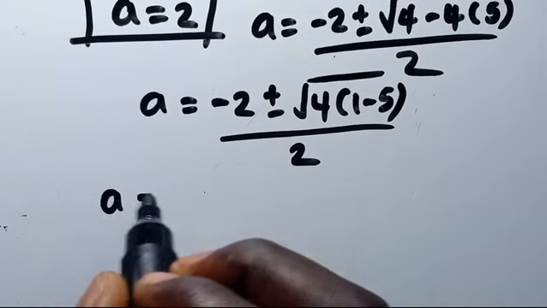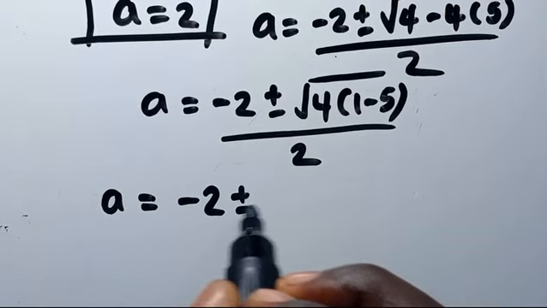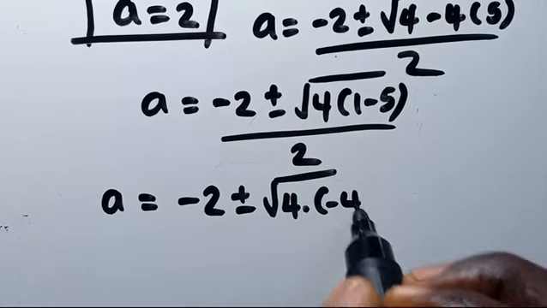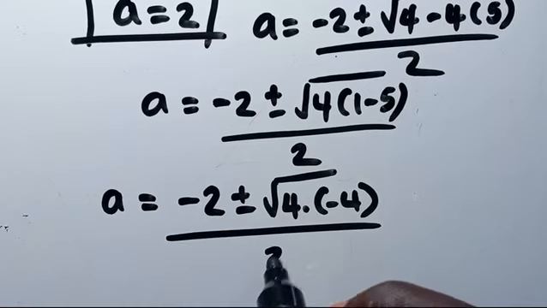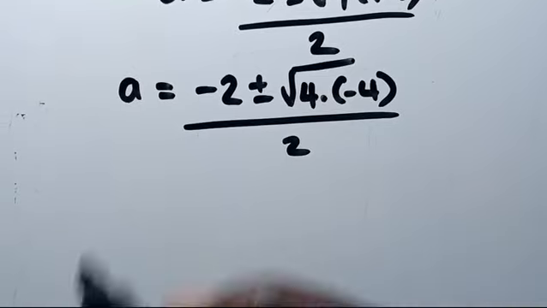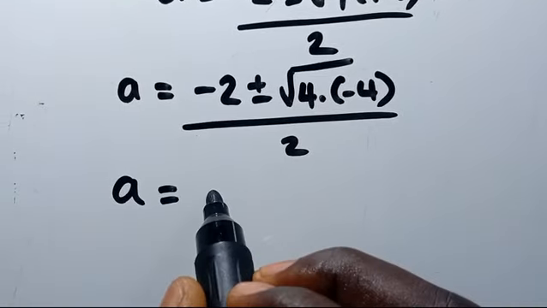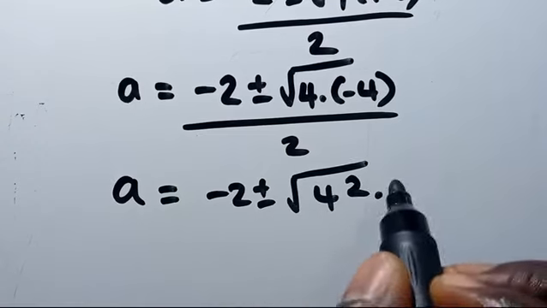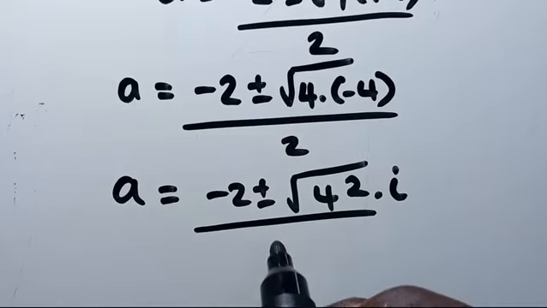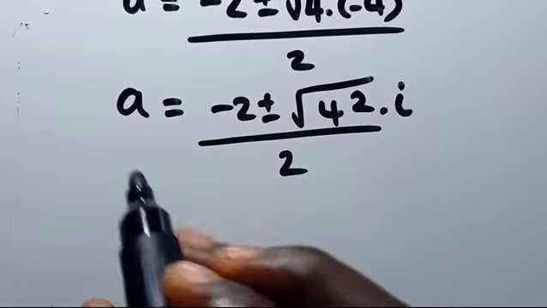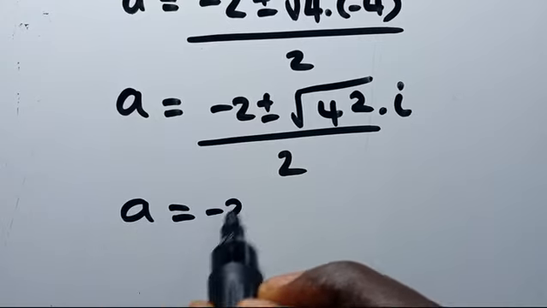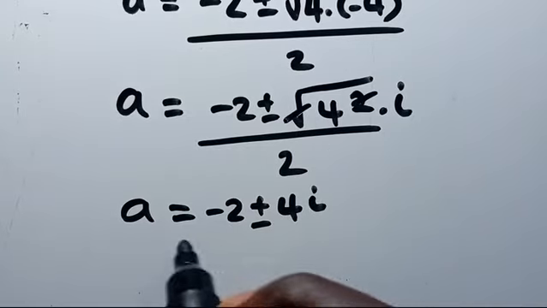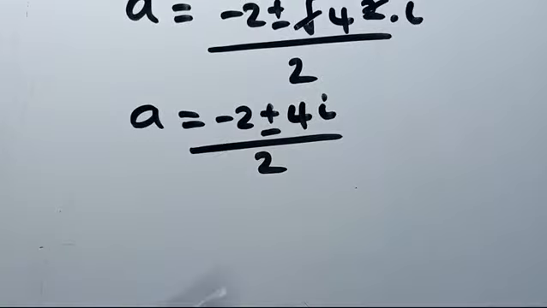So we have a equals minus 2 positive or negative the square root of 4 times minus 4, over 2. So we have a equals, the square root of 4 squared times i over 2. This cancels out, and we have 4i over 2.